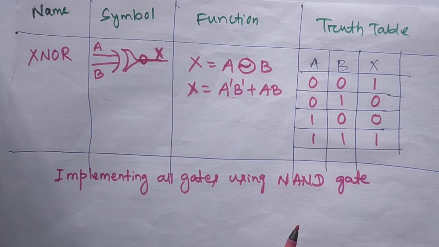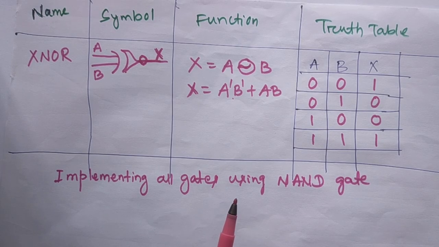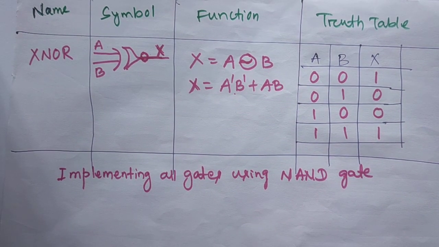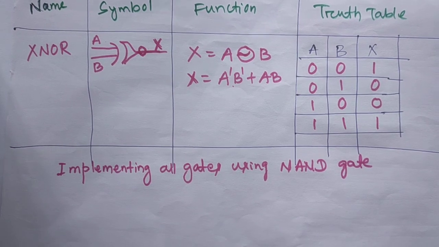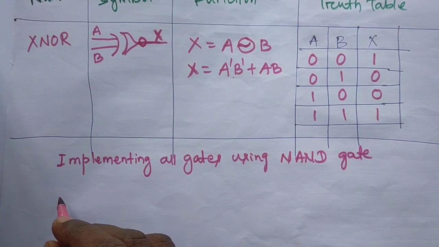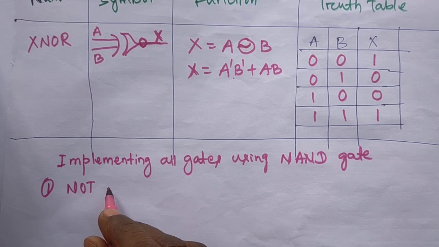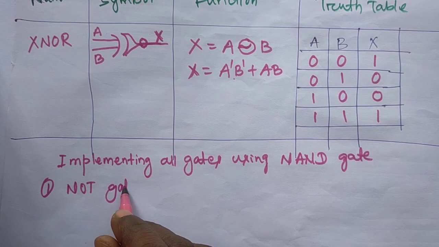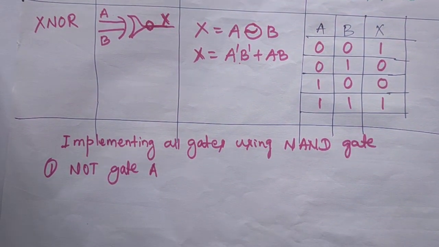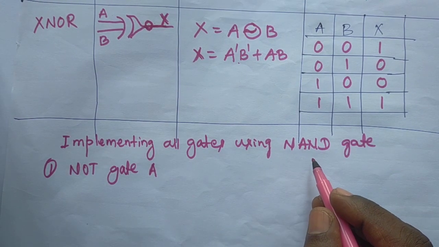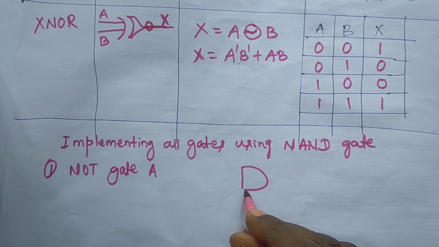Now we see another gate also we can consider, like a NOT gate. NOT gate A, for example. How to define or how to design it? Since it is using the NAND gate, first of all we design the NAND gate in a very simple way.